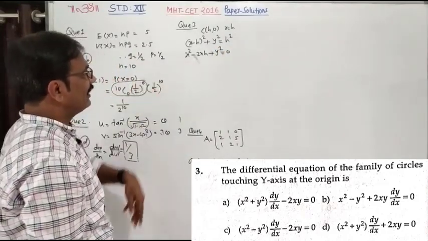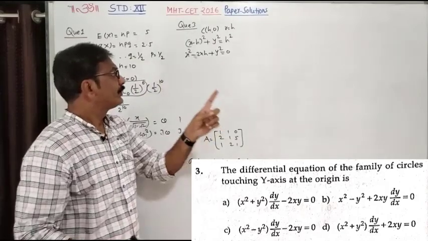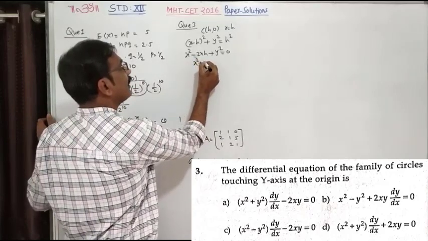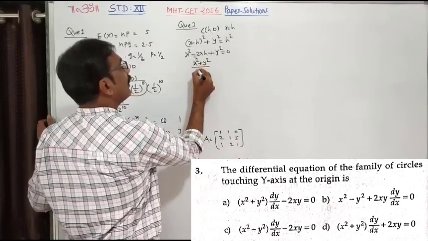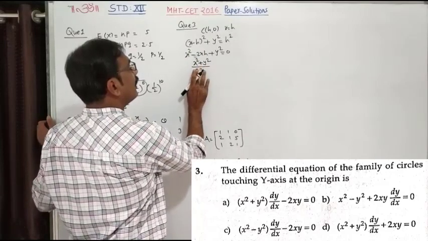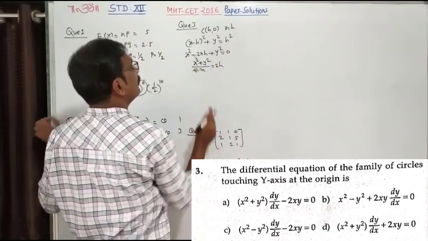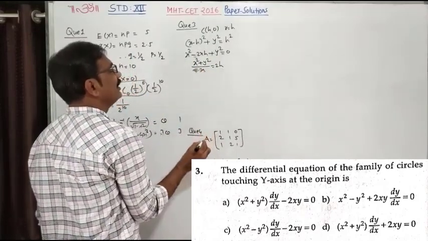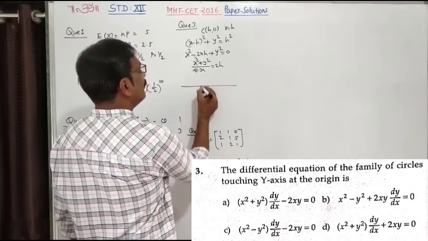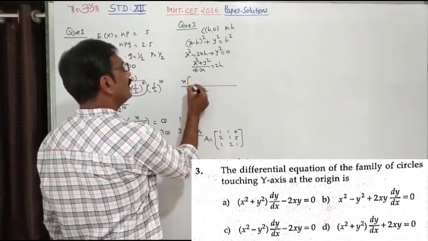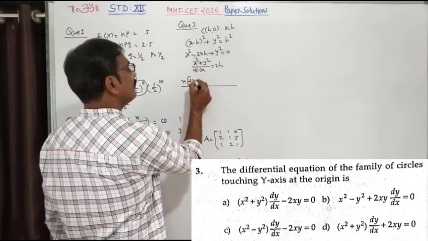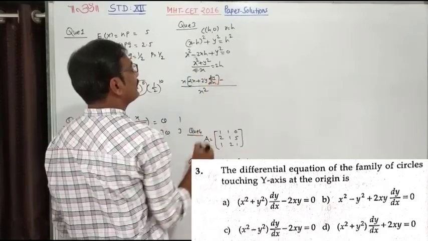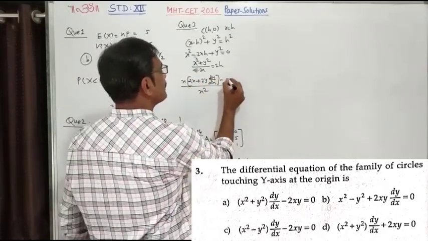So you have to just differentiate this. It will come like this. x square plus y square upon x equals twice h, transferred. Differentiate this by using u upon v formula: v square, v into derivative of u, which is twice x plus twice y dy by dx, minus x square plus y square as it is.